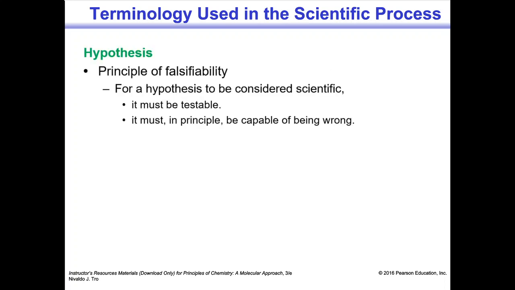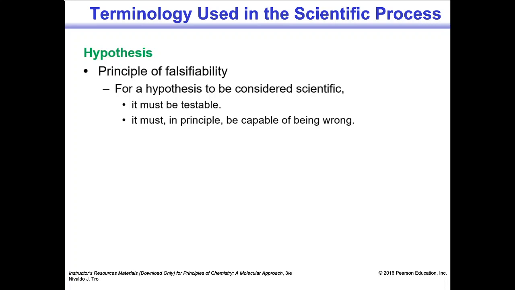Okay, so we'll compare that to a hypothesis. Maybe your high school teacher referred to this as an educated guess, and that's an okay way to say it. It's more like a scientific question. A hypothesis is just a statement of what you think might happen.